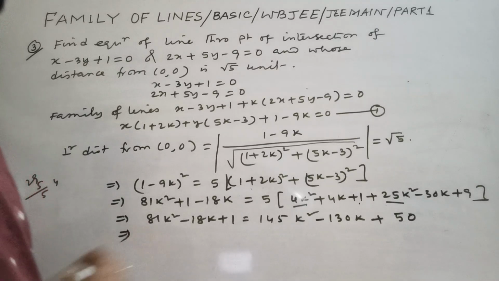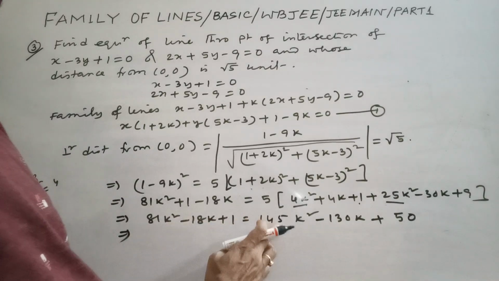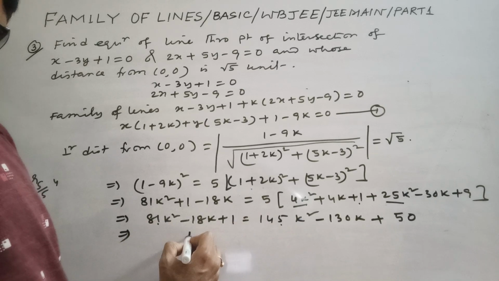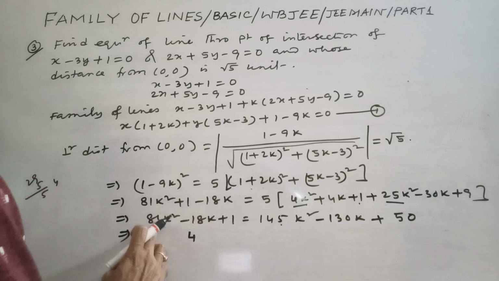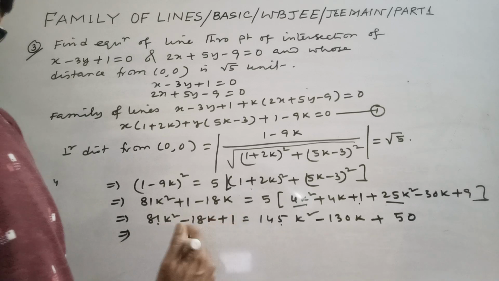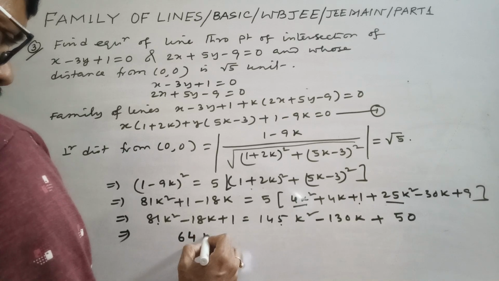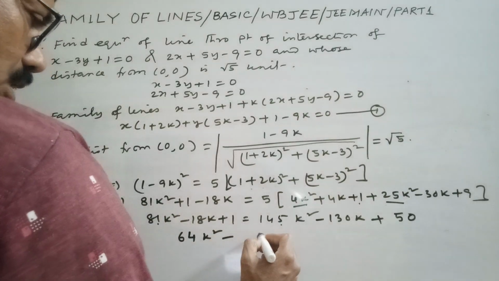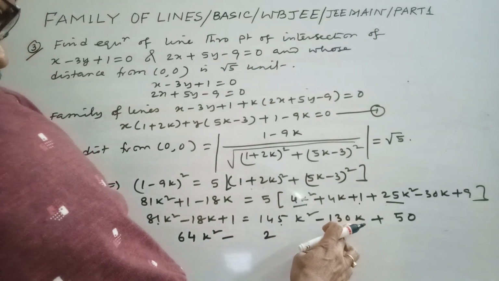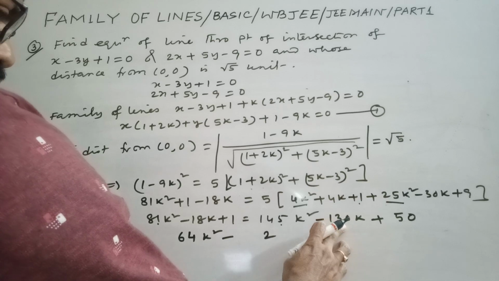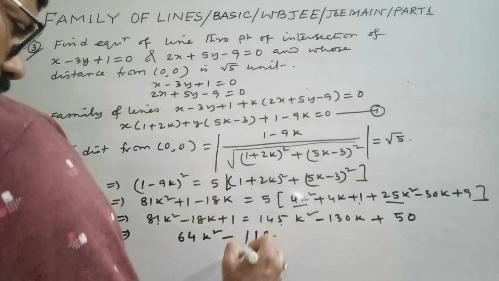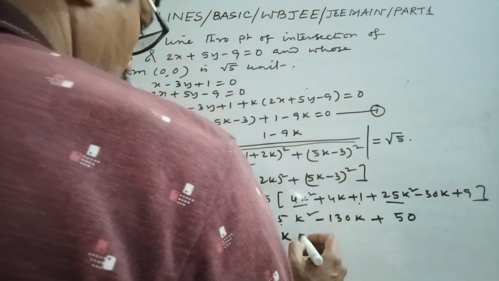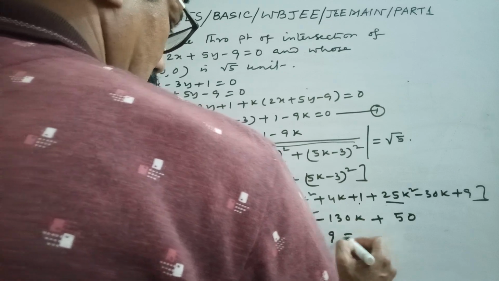So transfer all terms to the left hand side. If you transfer to one side, so 81 minus 145, this is 64k square. 130 plus 18, so this is 2k, 112k, and this is 50 minus 1, so plus 49 equals 0.